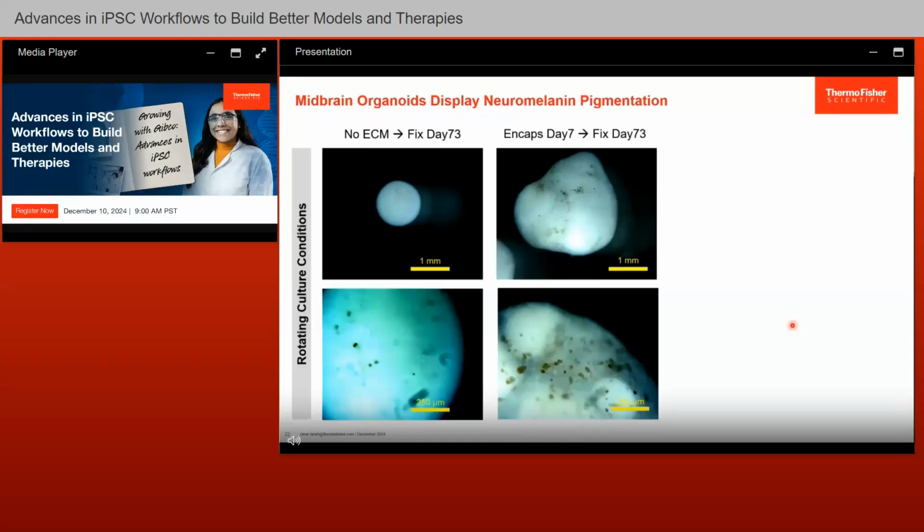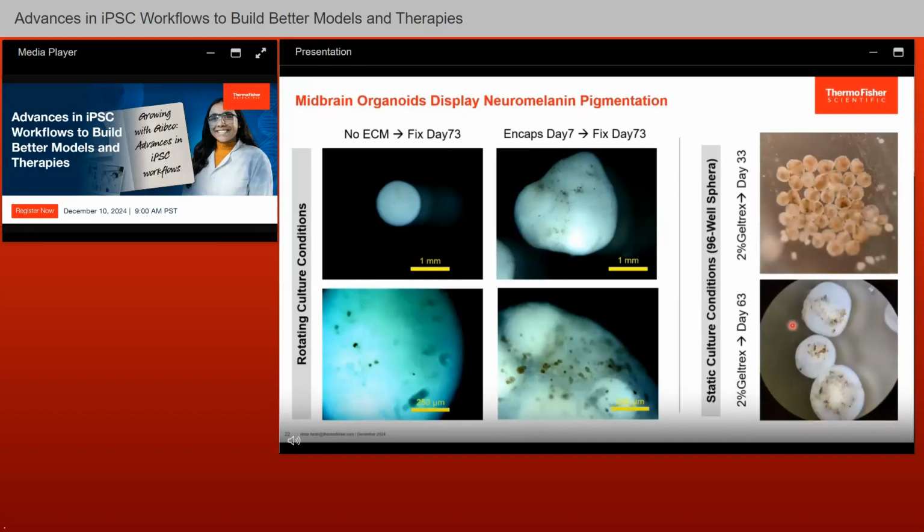And so this deposition is rarely seen in 2D culture, but we started to see it a little bit more easily in the different 3D maturation conditions that we've tested, as you can see here. Especially on the right, that condition that I called out in the last slide, that 96-well U-bottom plate where the cells are being cultured under static conditions, provides the best deposition phenomenon that we've seen.